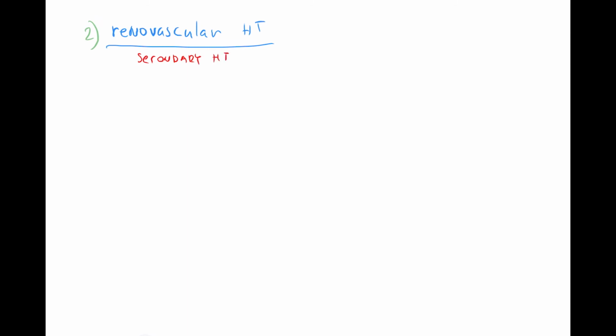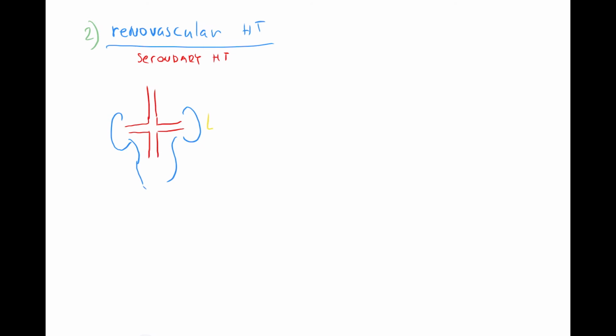Again, it's the very rare group, 5% of the rest. So over here I'm going to draw the abdominal aorta. These are the renal arteries, I'm sorry. And those are kidneys.